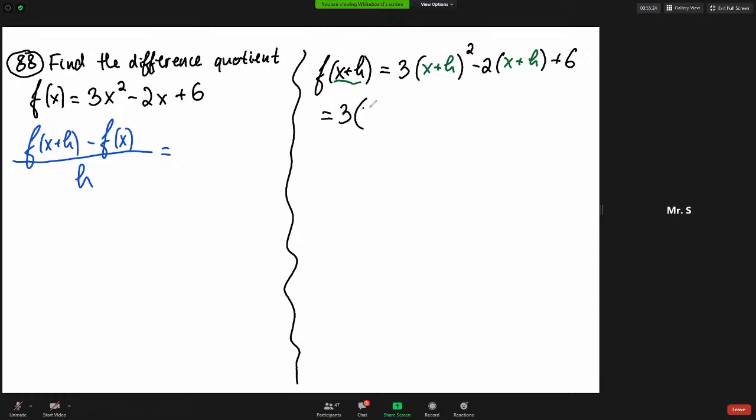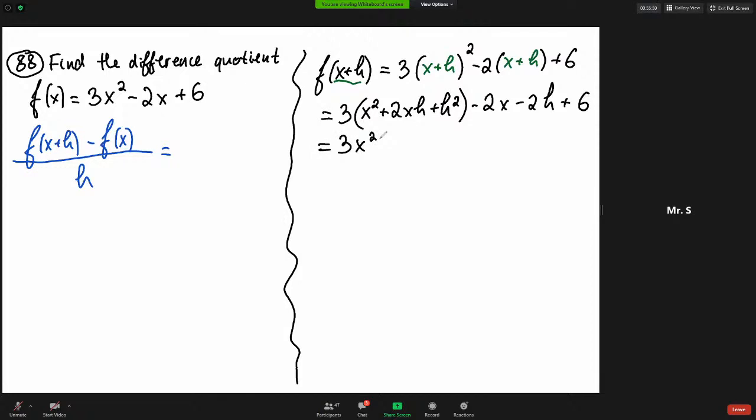That'll give us 3 terms, right? x squared, 2xh, and h squared. We're going to distribute the negative 2, add the 6, and then we also want to distribute the 3 to each of these terms inside the trinomial.